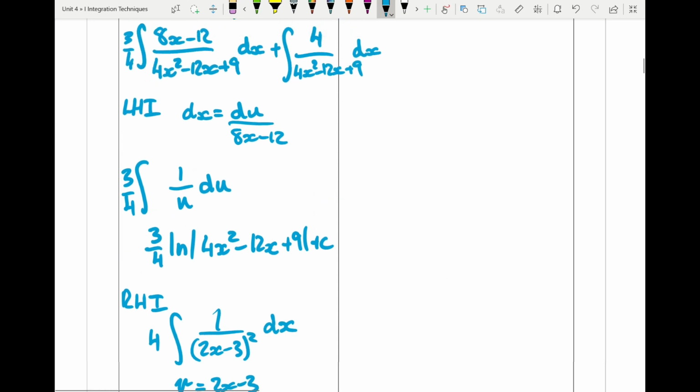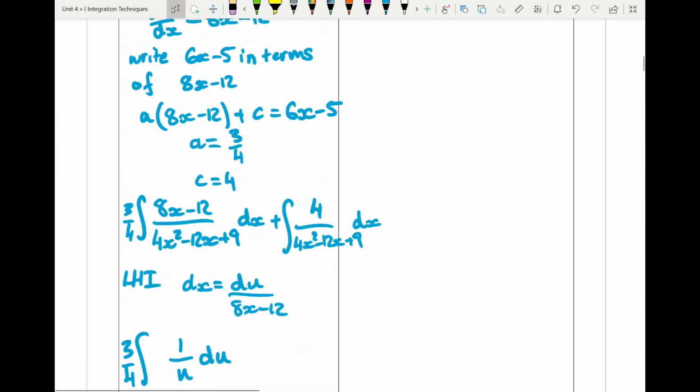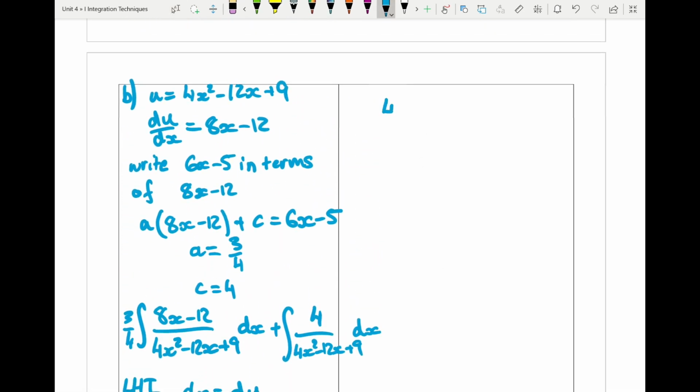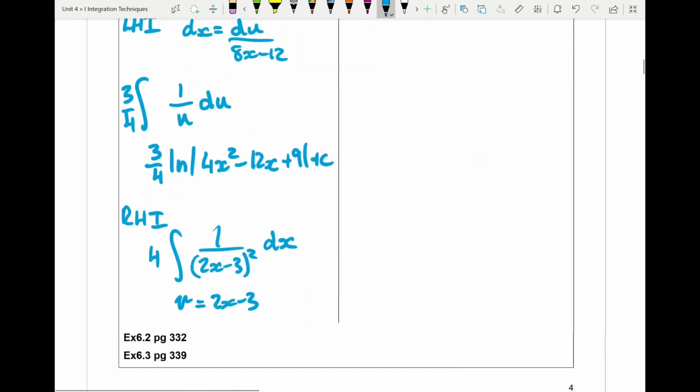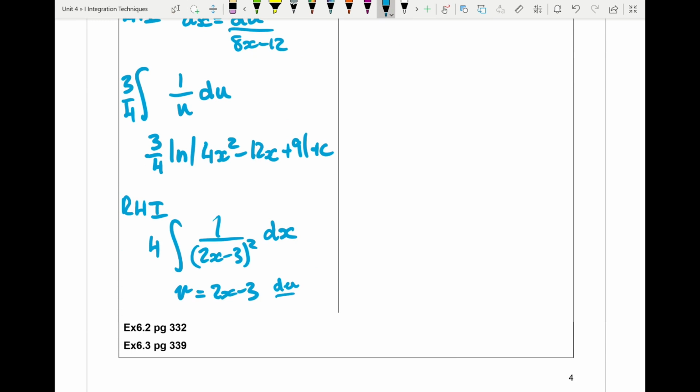That's the same as asking us to find 4 times the integral of 1 on v squared, and then dv would also have a coefficient of a half, because dv/dx is equal to 2, so dx equals dv on 2.